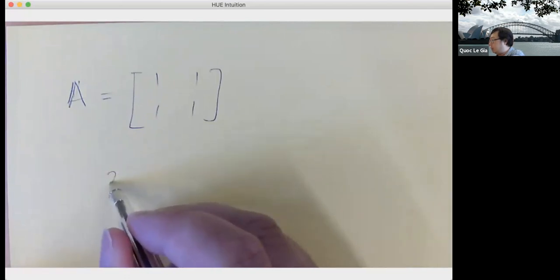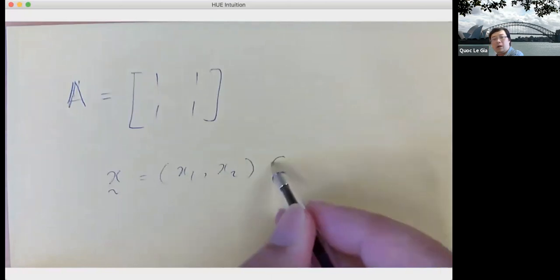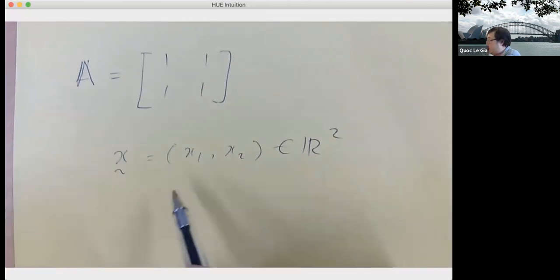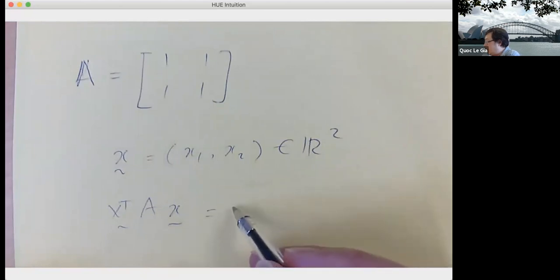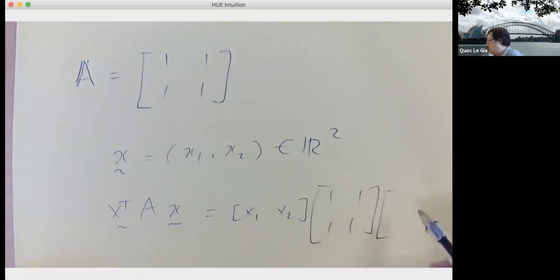So we take a vector x, x1, x2 in R2, right? And then if we take X transpose AX, then it will be X1, X2, times 1, 1, 1, 1, times X1, X2.